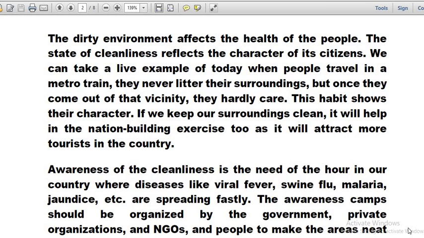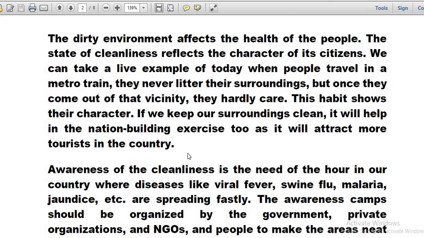See, this habit shows their character. If we keep our surroundings clean, it will help in the nation building exercise too, as it will attract more tourists to the country. This is true. If we keep our surroundings clean, ultimately it will help in the nation building process, and more and more tourists will come to our country.